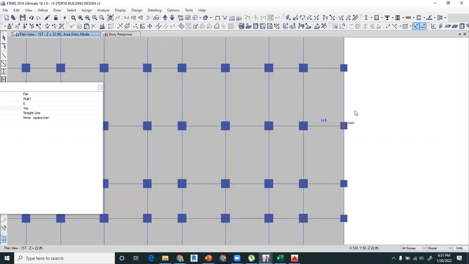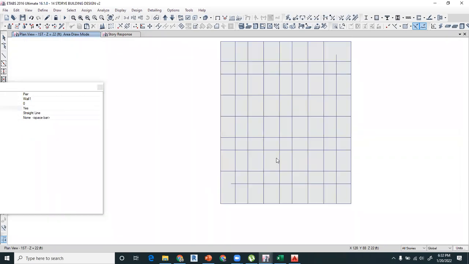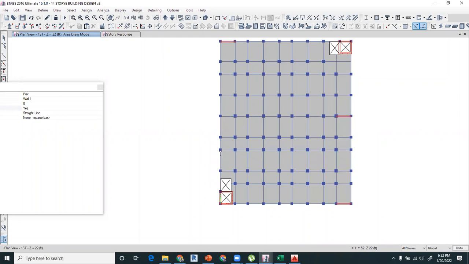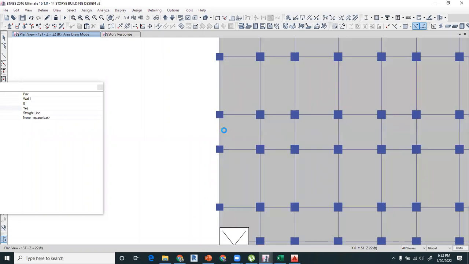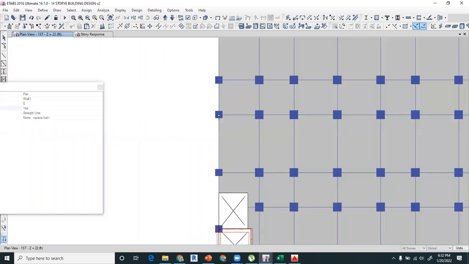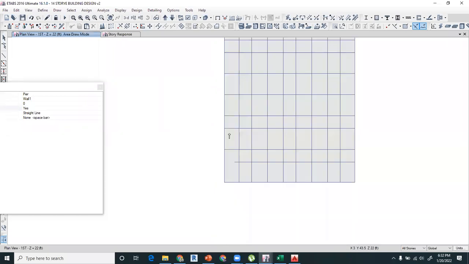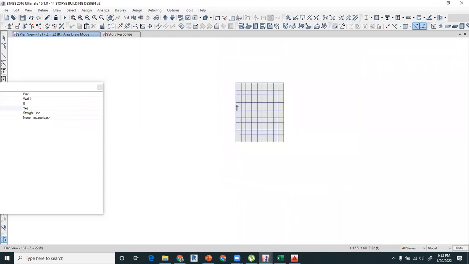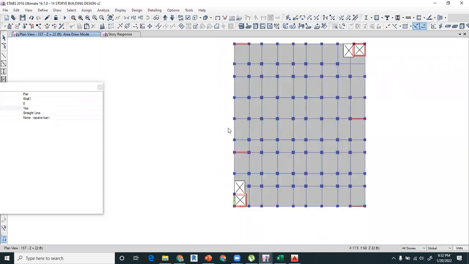So you have to check it in our model first, and then you have to give this information to the architect that we have provided this shear wall, please check. Right. So now I think these 4 are enough. If there is a need, we can provide another one in this location.